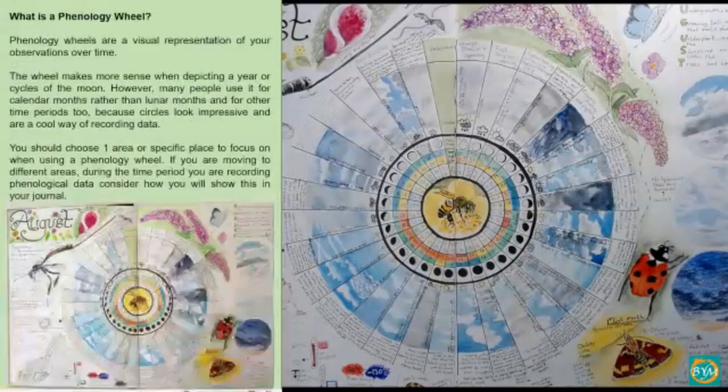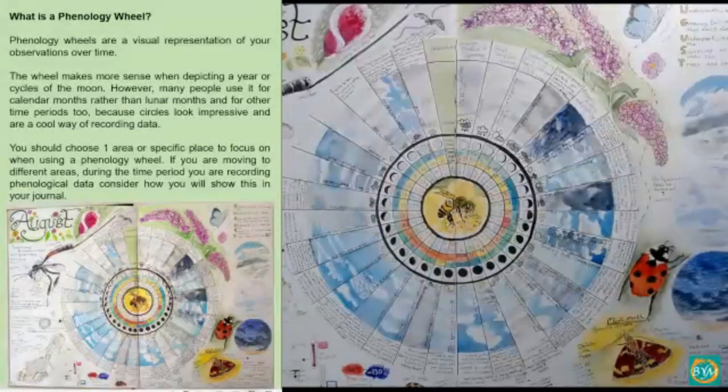So what is a phenology wheel? Why are we using a wheel or a circle? Basically, a wheel is your visual representation of your observations, with time being the key element here. The wheel makes more sense when you're depicting a year or the cycles of the moon.